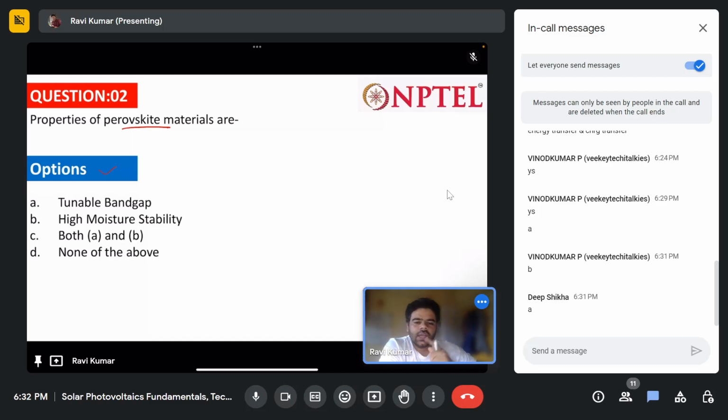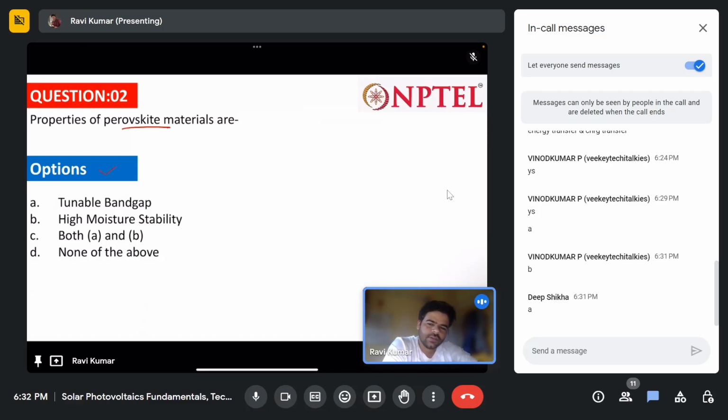See, if we are moving from one material to another, there must be something better in the new material. If we are moving from crystalline silicon and focusing on peroxide materials for solar cells, there should be something. And high moisture stability, crystalline silicon is already stable.